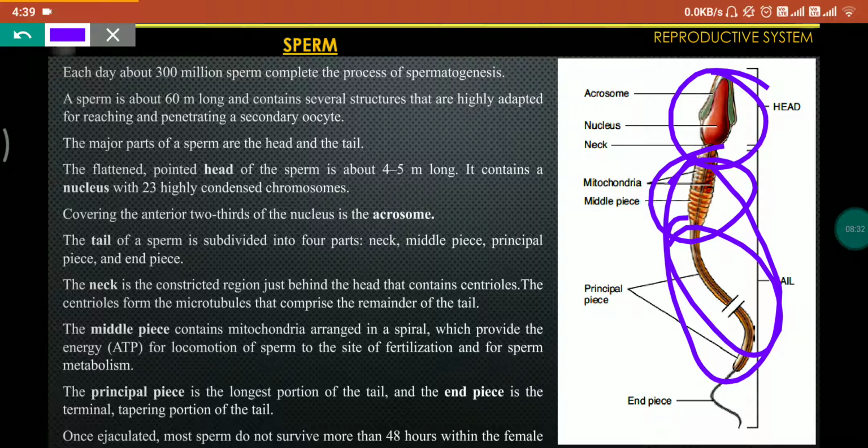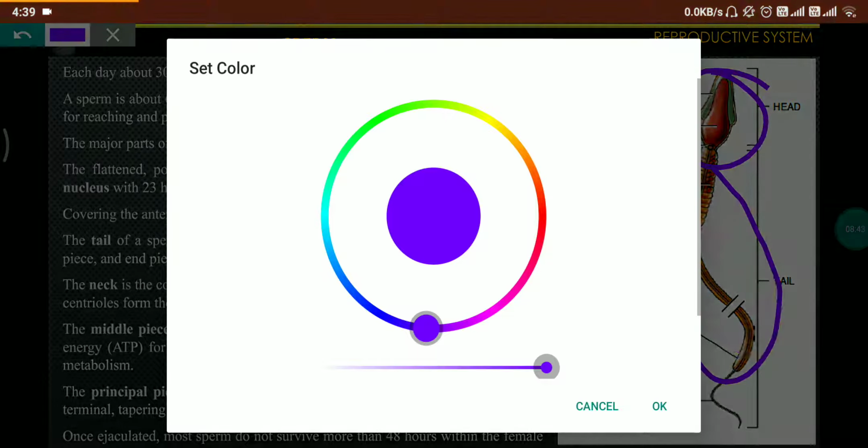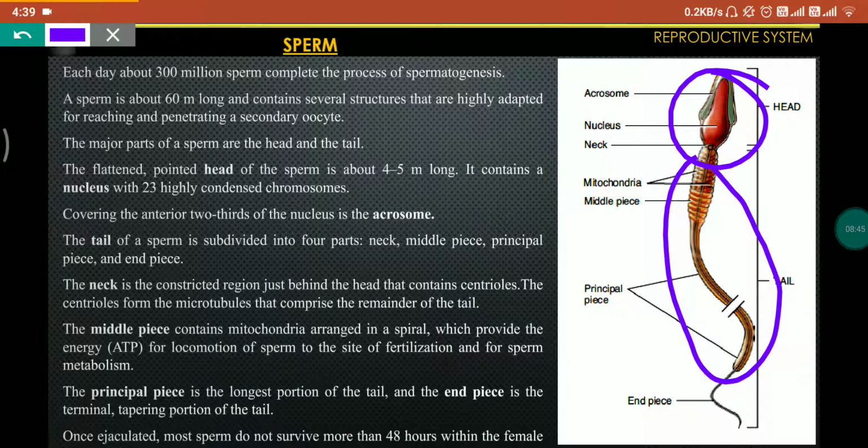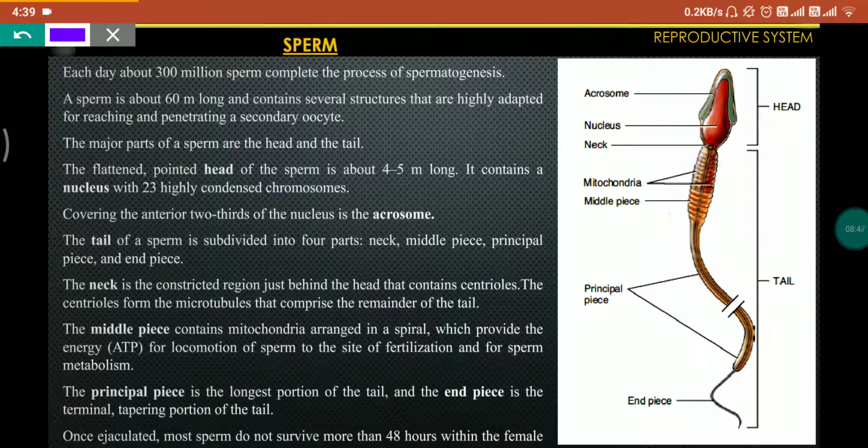The flattened pointed end of the head consists of the nucleus, which consists of 23 highly condensed chromosomes. And there is a tapered covering called the acrosome, which helps in the penetration of the sperm into the ova.